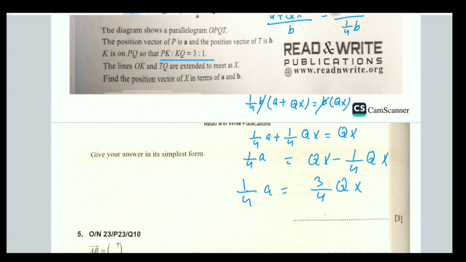So QX will remain, 1 by 4 multiplied by 4 by 3A. The 4 cancels, so QX is equal to 1 by 3A. This is the value of QX.